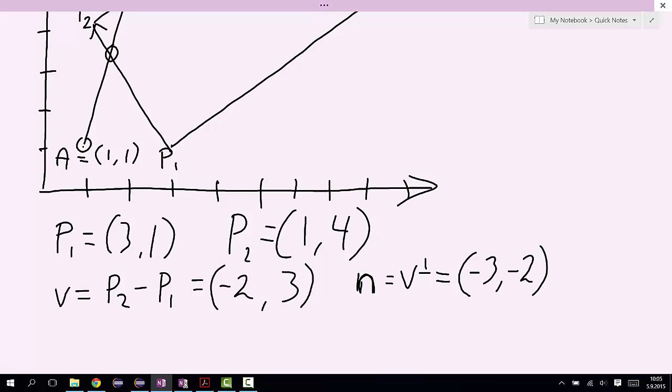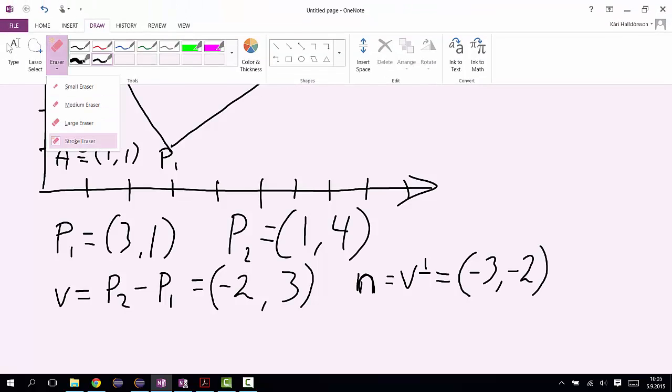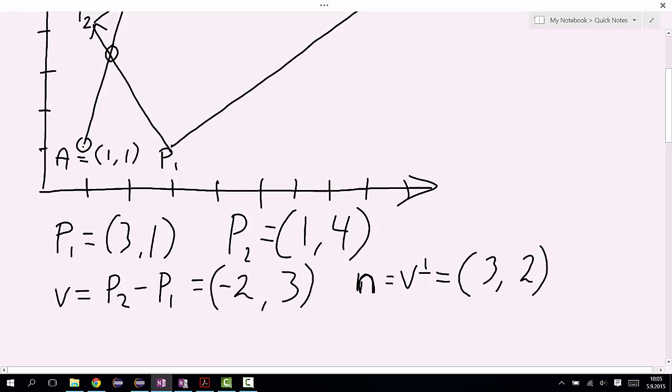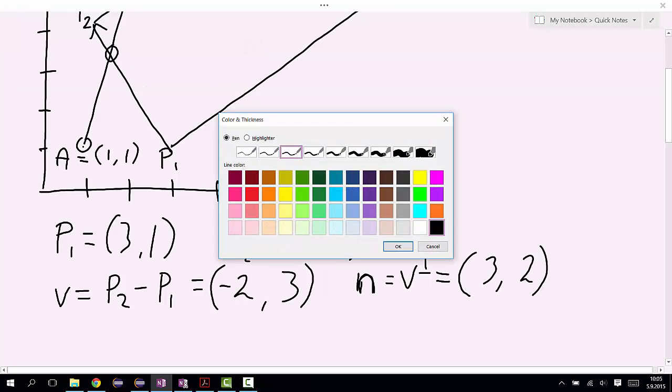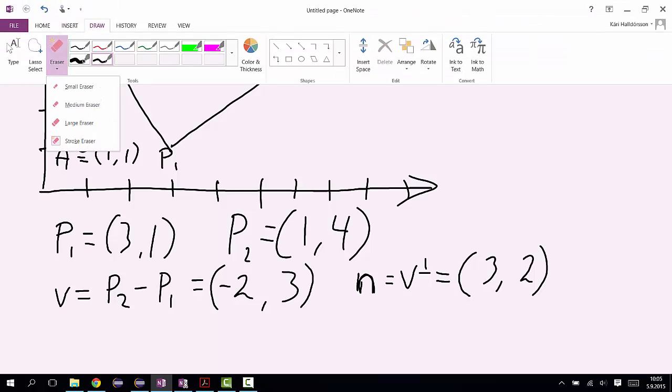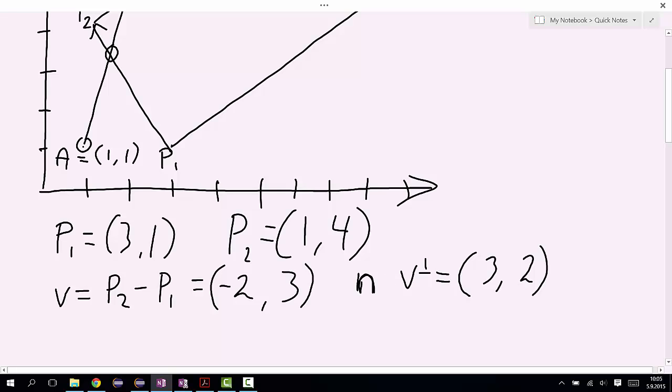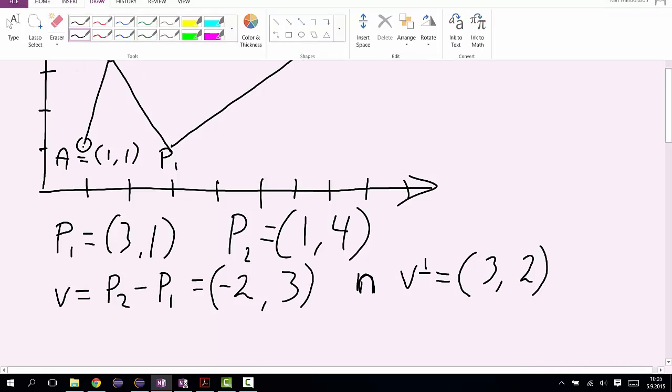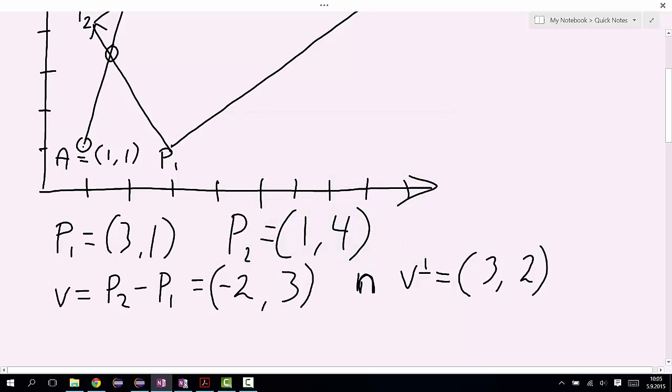So just for the ease of looking at this, let's do this like so. Say n equals minus V perp.